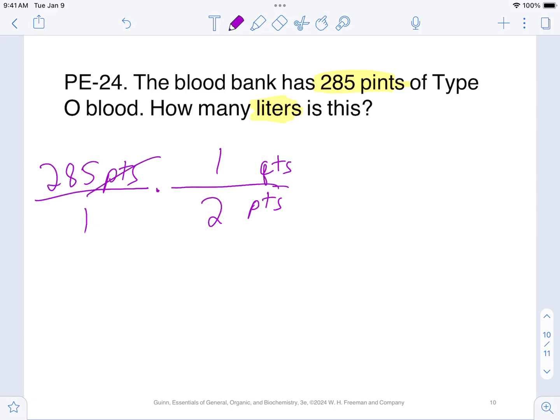Notice pints cancels. We're left with quarts. We don't want quarts. We want liters. So we need another conversion factor. Crisscross. How many quarts are in a liter?